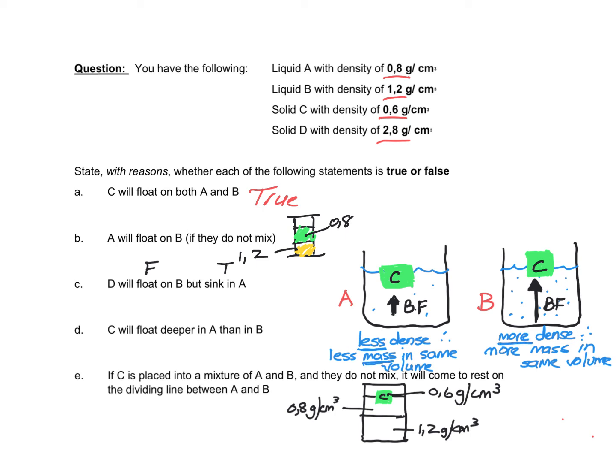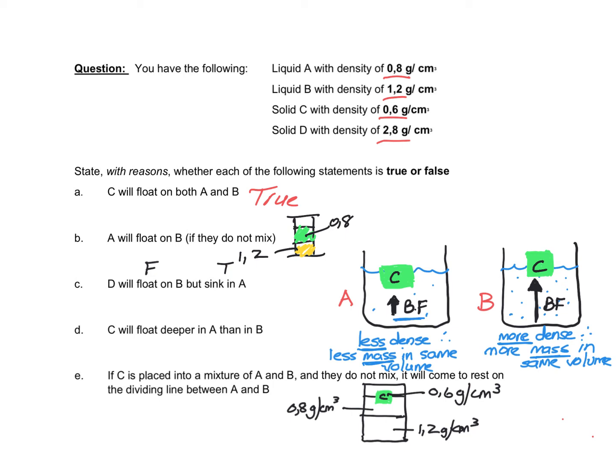B is more dense, in other words, it has more mass in the same volume. So if you look at C, which has got a density of 0.6, and A, which has a density of 0.8, they're very similar. So because there's not that much mass of water, there's not going to be a very big buoyant force pushing upwards.